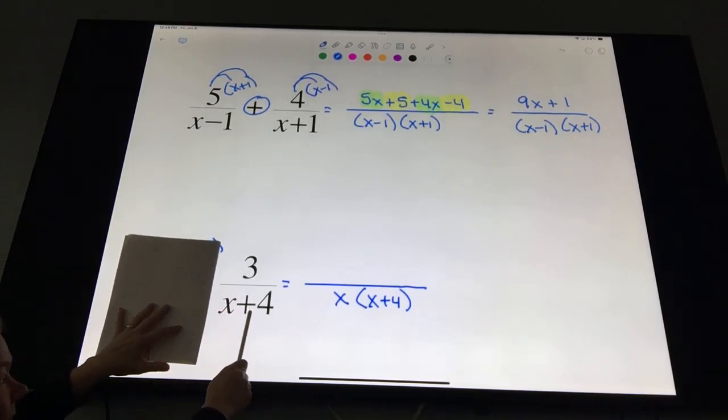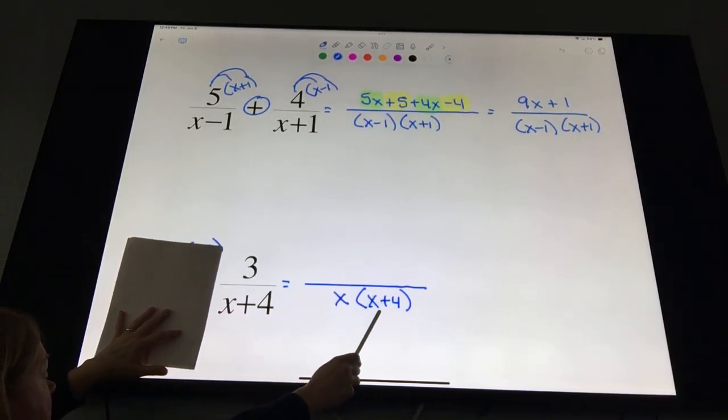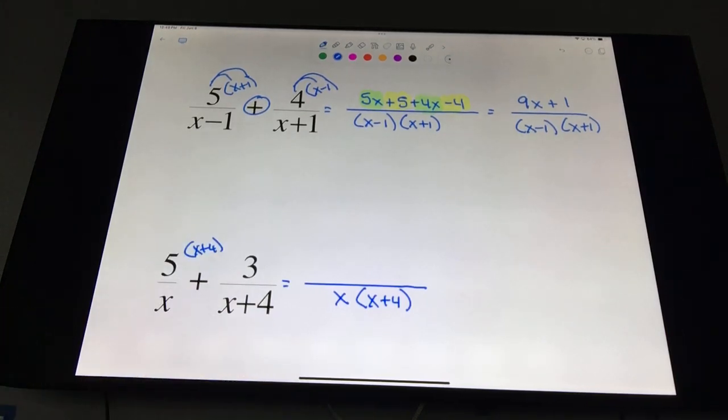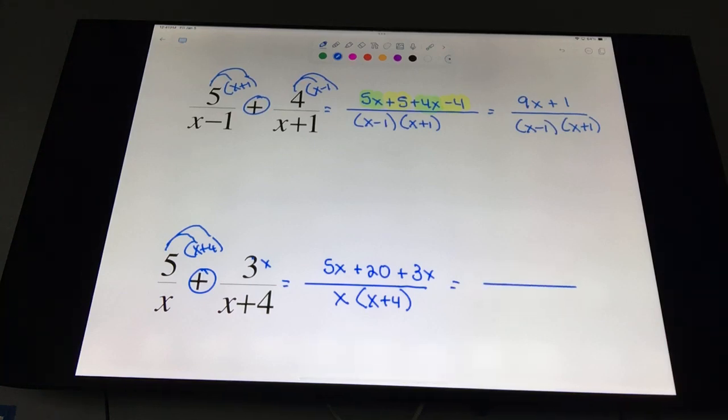And then what is this denominator missing that I have written over here? X. A plain x. So then I multiply. 5 times x, 5 times 4, plus comes over, 3 times x, and then in order, add, factor, reduce.